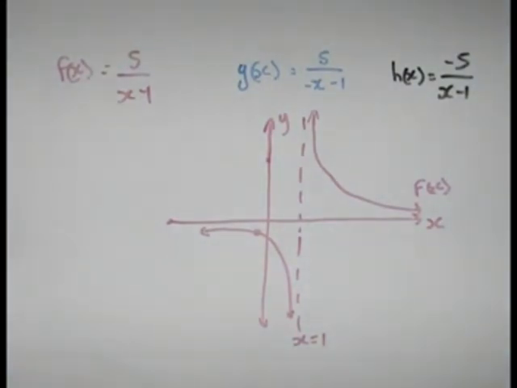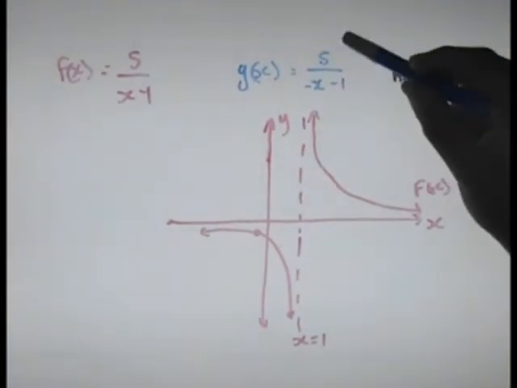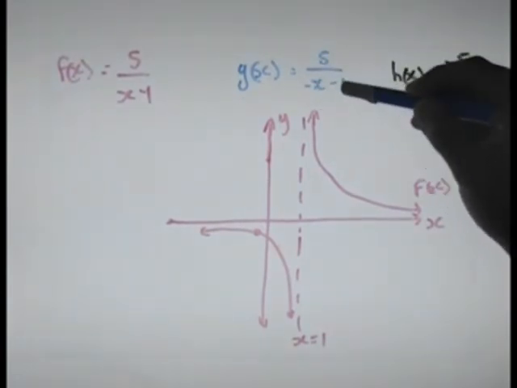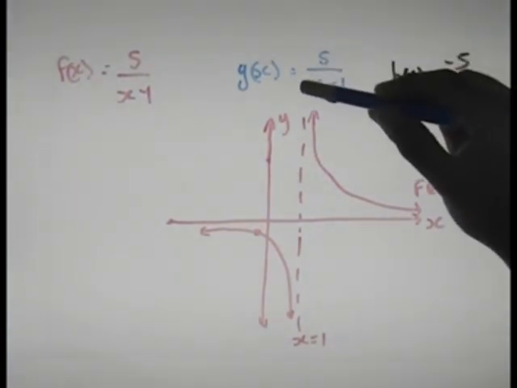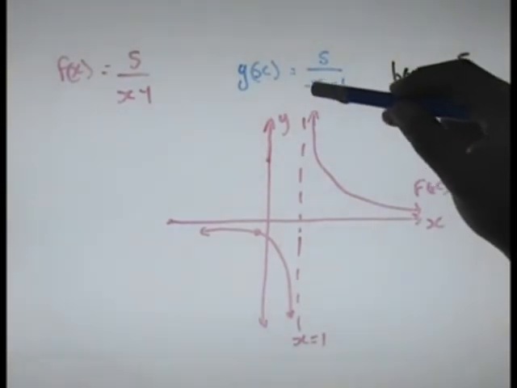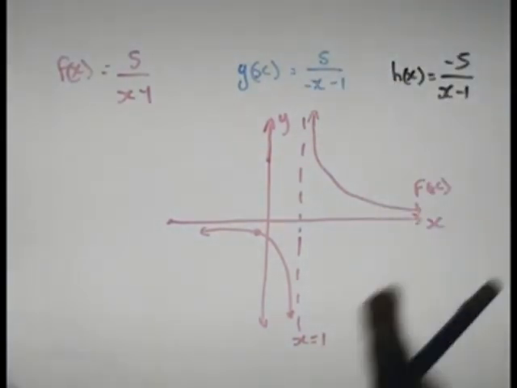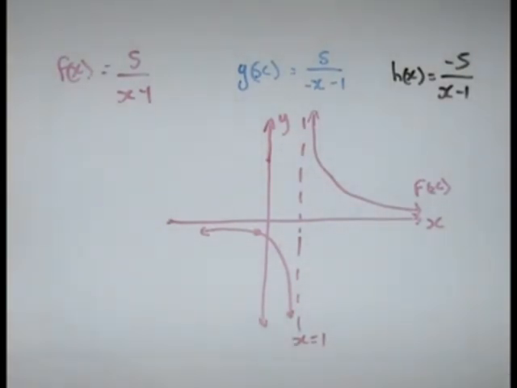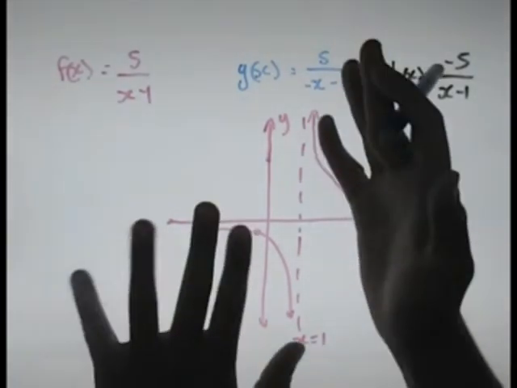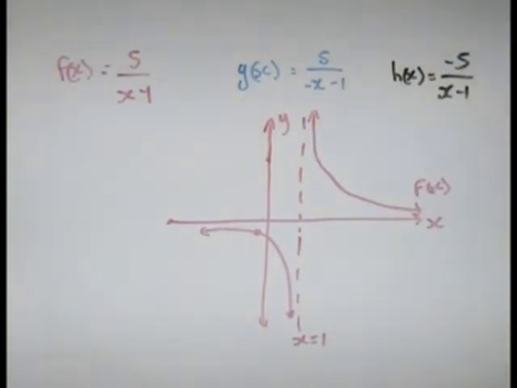The next graph we're looking at, g of x, is equal to 5 over minus x minus 1. What's happened to this? It means that we've put a negative in front of the x, which means that we are going to be flipping it about the y-axis. One problem with this is we are flipping our entire graph, including the asymptotes, around the y-axis.